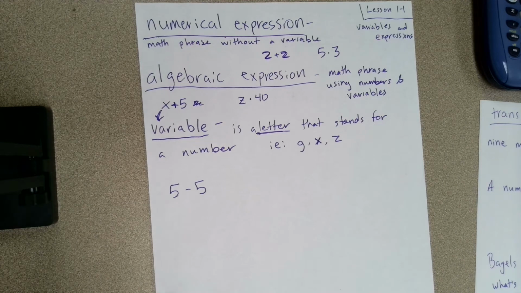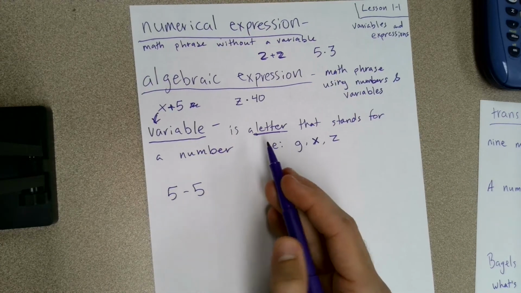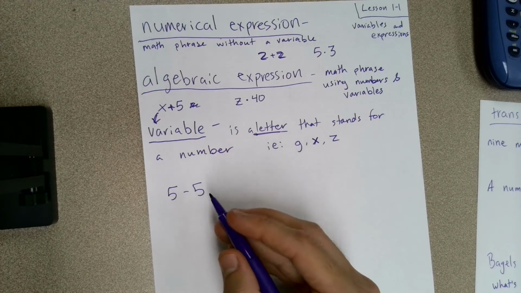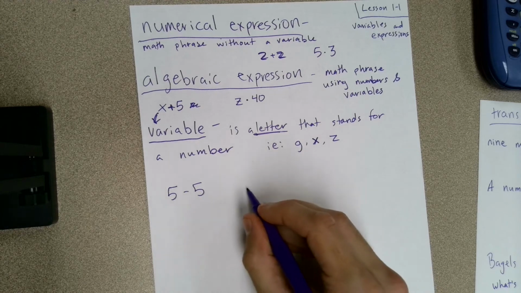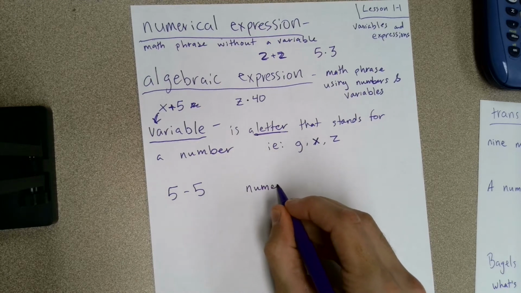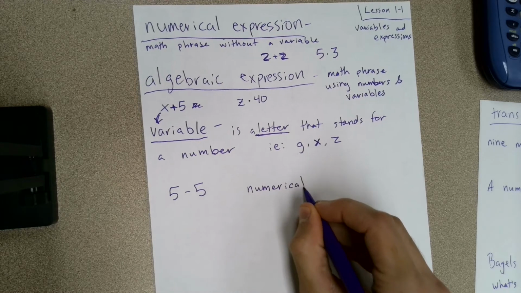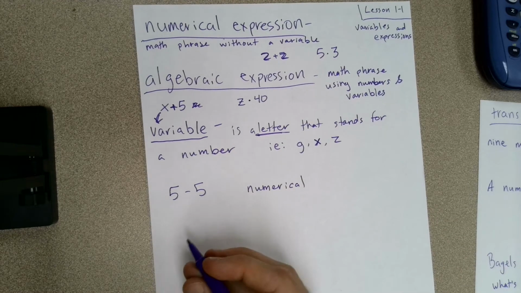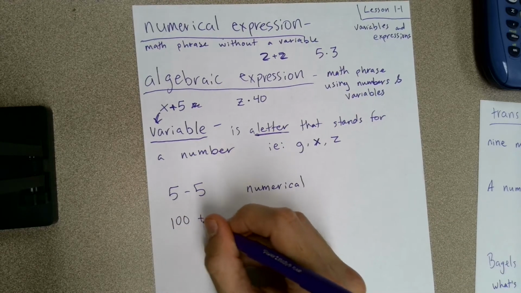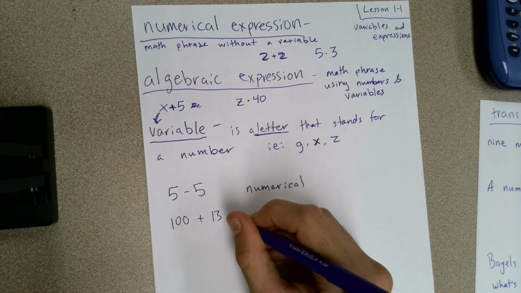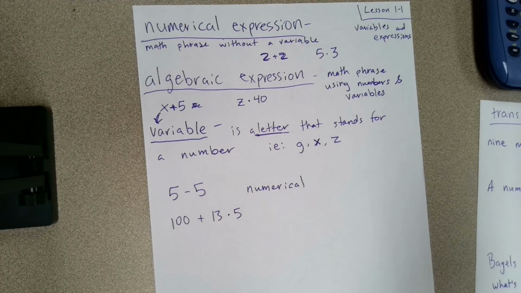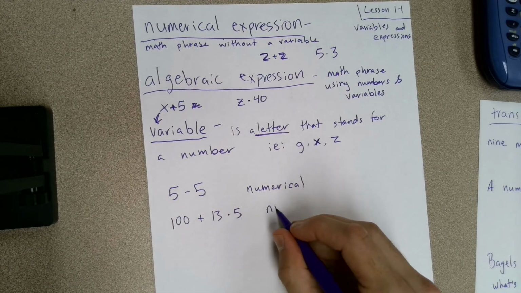Now you're probably thinking, that's super easy, Mr. Aarons. There's no variable in there. There's not a letter. It's two numbers. So it has to be a numerical expression. So I'm just going to write numerical. What if I said 100 plus 13 times 5? Again, there's no variable there. It's going to be numerical.